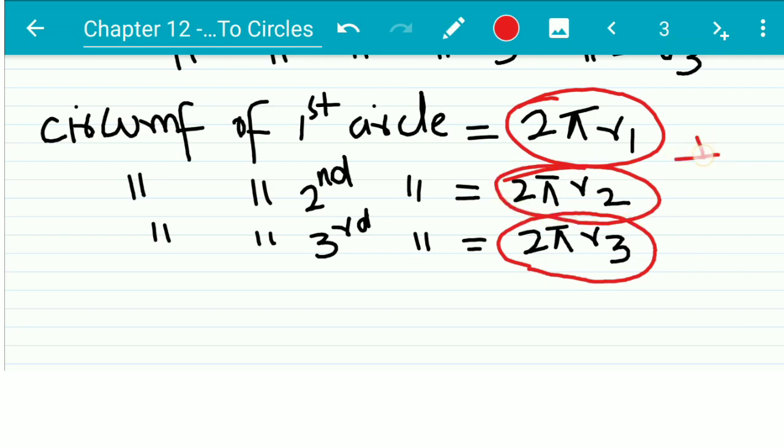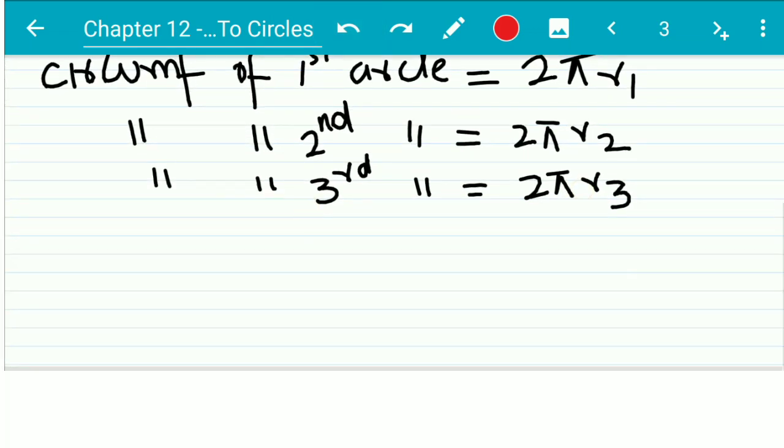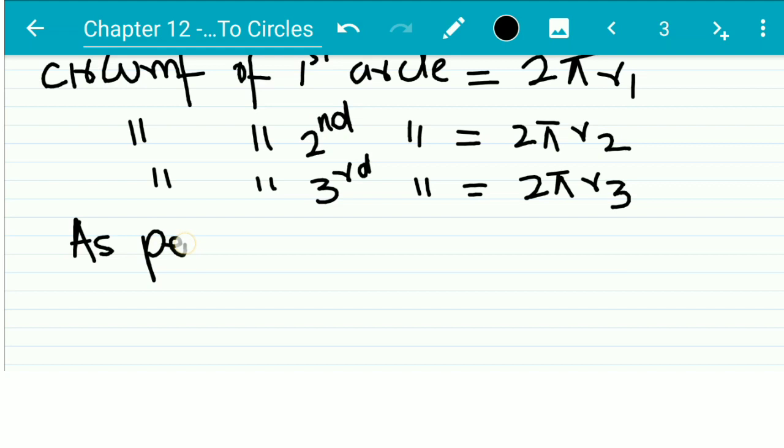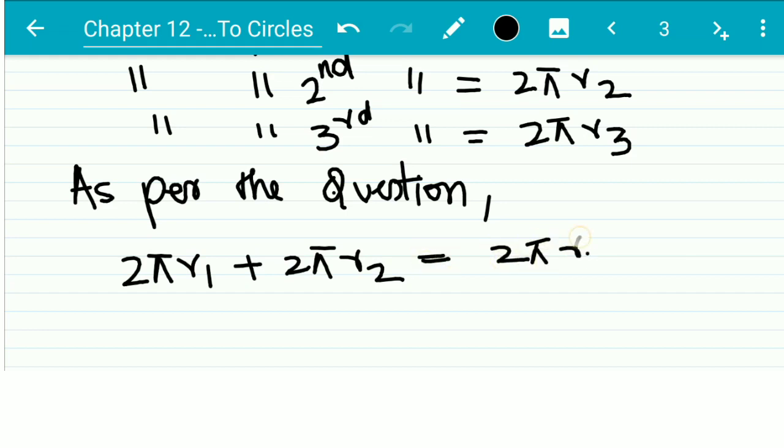The circumference of the first circle plus the circumference of the second circle is equal to the circumference of the third circle, such that we need to find the radius of the third circle. So below that write, as per the question, 2 pi r1 plus 2 pi r2, first circle plus second circle, is equal to 2 pi r3.